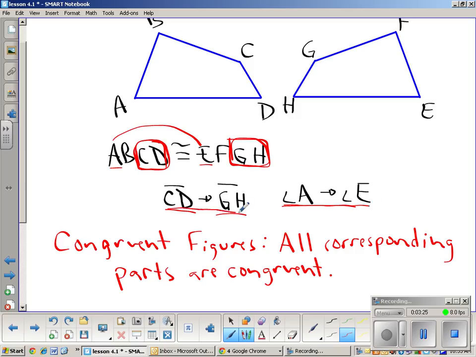How many pairs of sides? 4. And so this little mark here, this little arrow that I use just to show some kind of relationship, can be replaced with a congruent symbol. Because we're told these two figures are congruent, then that means that all these corresponding parts are congruent.